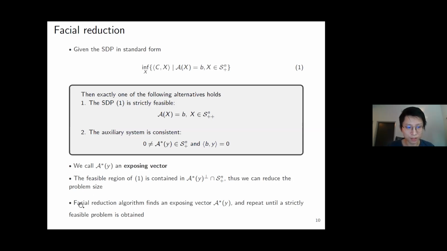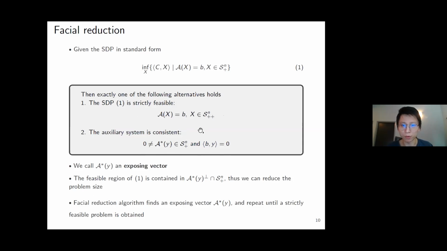And that means the feature reduction algorithm can proceed as follows. Given an SDP relaxation, we try to solve this system to find an exposing vector A star y. If we could not find one, it means the first item is correct. We are strictly feasible.